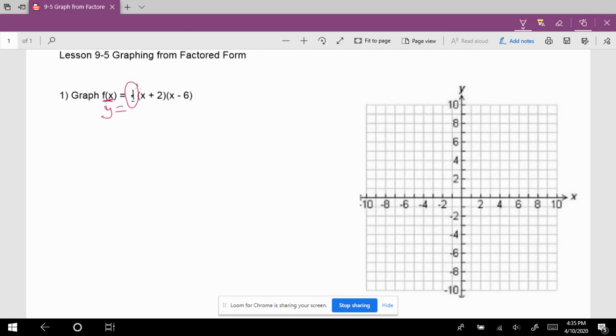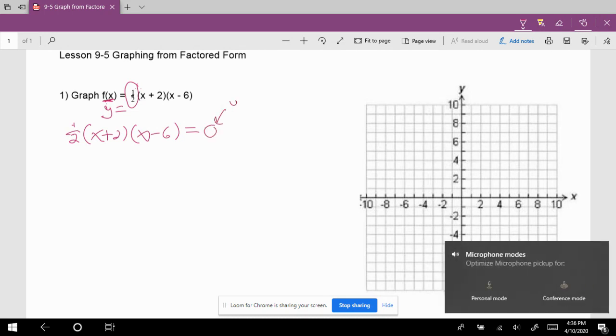Okay, after this, the first thing we can do is find our x-intercepts. We know how to find the solutions, which are also the x-intercepts, as seen in previous videos. So if we're looking for solutions, we would be solving 1/2 times (x + 2) times (x - 6) equals 0.